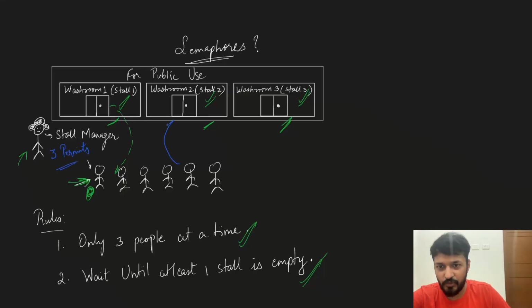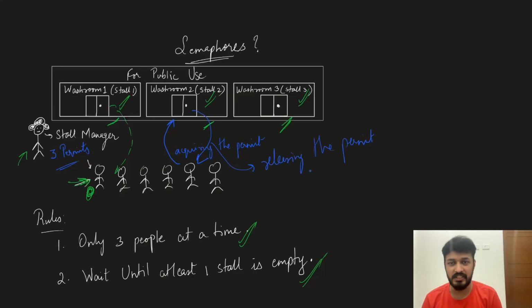When a person goes in and locks the door to use a stall, in technical terms, it is called acquiring the permit. So it has taken a permit for a single washroom and has entered it. When a person comes out after unlocking the door, in technical terms, this is called releasing the permit. Now another person can again acquire the permit for this washroom and enter.